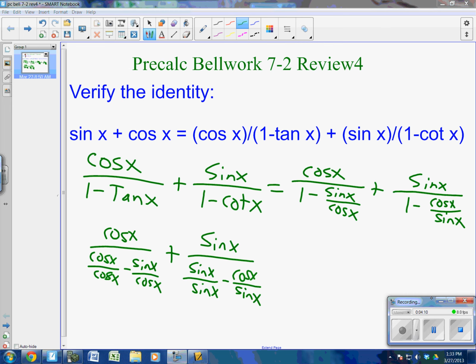Yeah, we can combine them. Well, we don't change them to cotangent. That would be just going backwards. I probably want to combine these two fractions right here, and this pair of fractions right here, don't I? Okay, so it's going to be cosine of x over, if this has a common denominator, I can just write cosine minus sine over cosine, right?